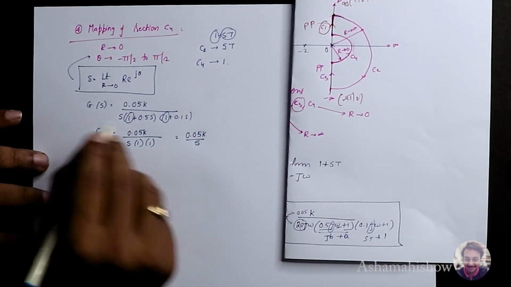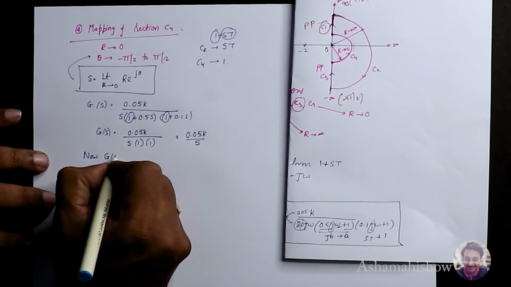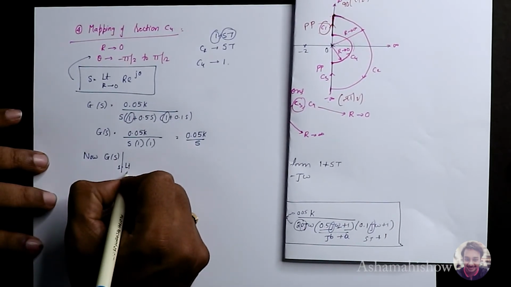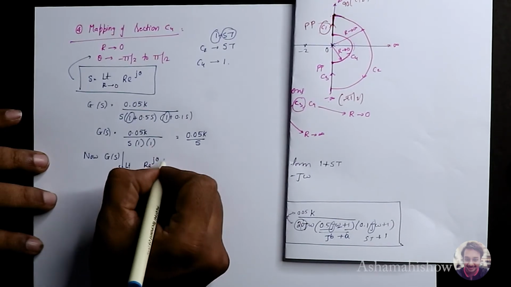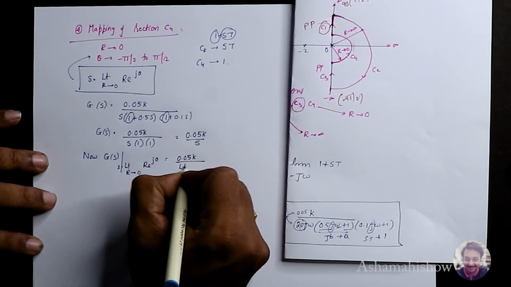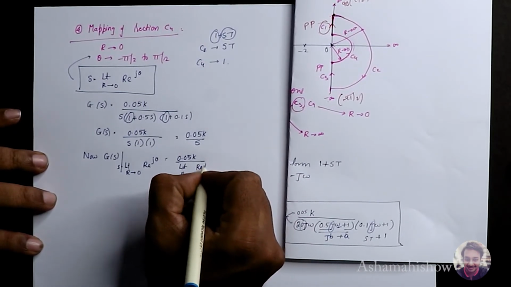Now you have to apply the limiting formula. So G of s at s equal to limit r tends to 0, r e power j theta, becomes 0.05k by, in place of s, I have written the limit part.